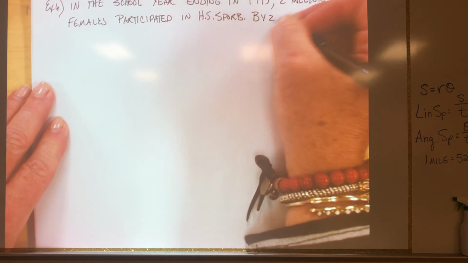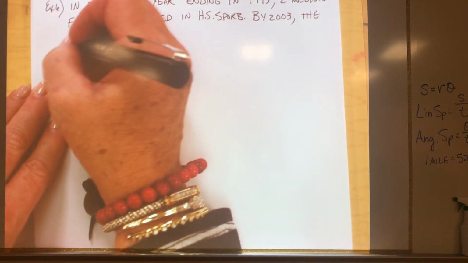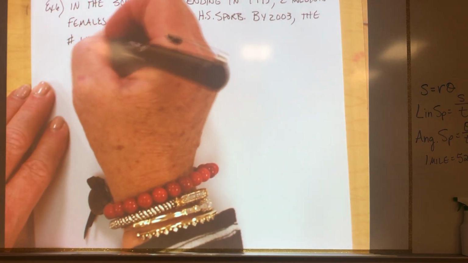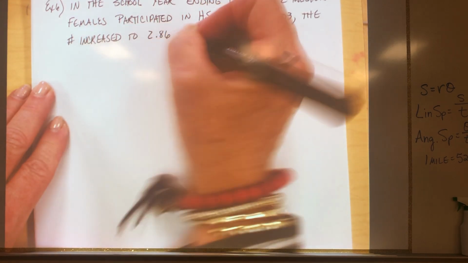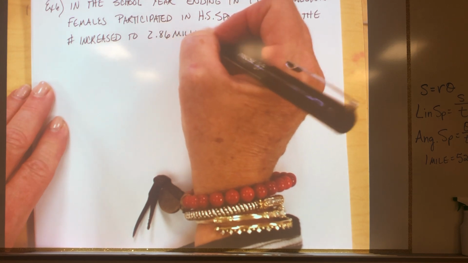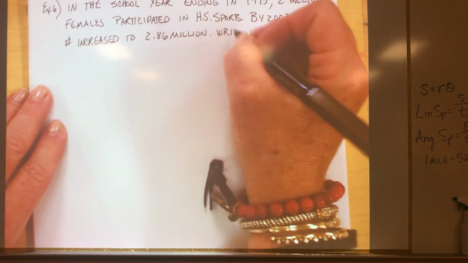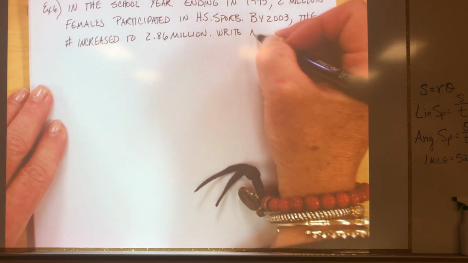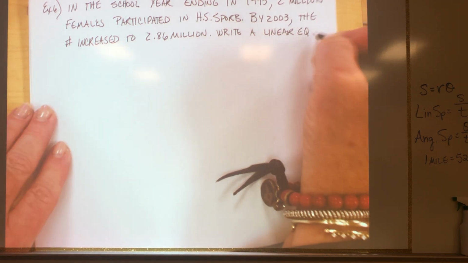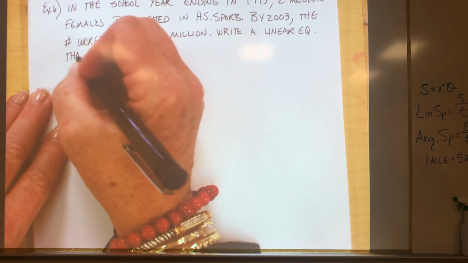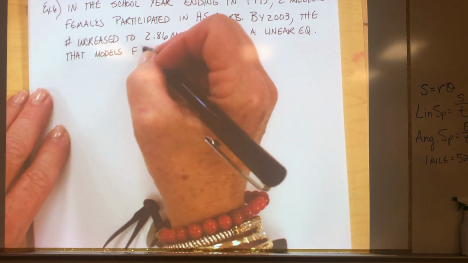By 2003, the number increased to 2.86 million. Write a linear equation that models female sports participation.